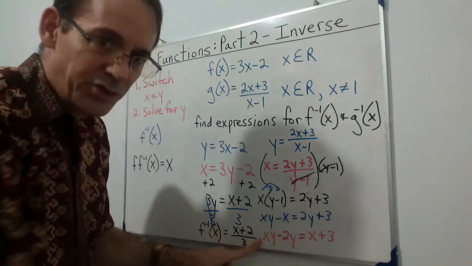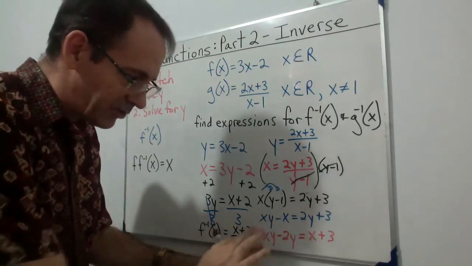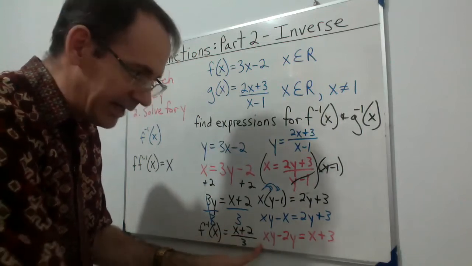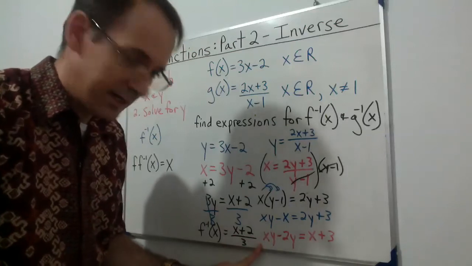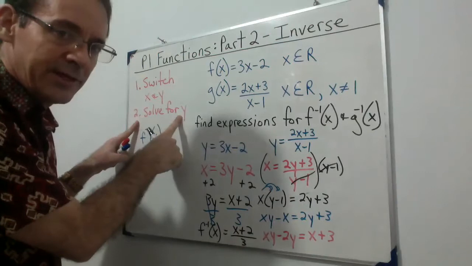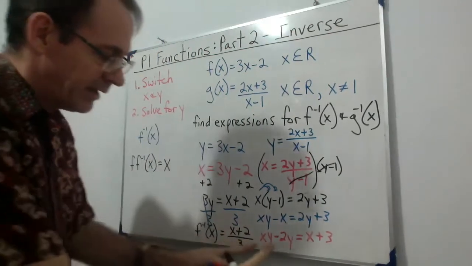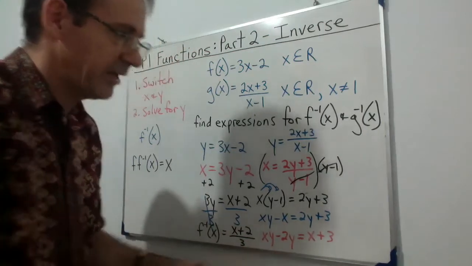So we have all the terms with y in it on one side, and those that do not have y in it on the other side. Don't worry about the x. We're focusing in on the y because we are solving for y. So we need to get the y by itself, and to do that, we need to first of all get our y terms together.